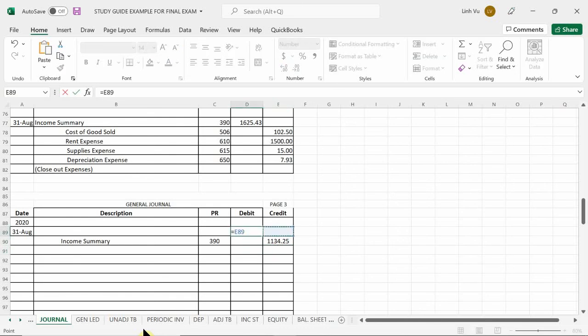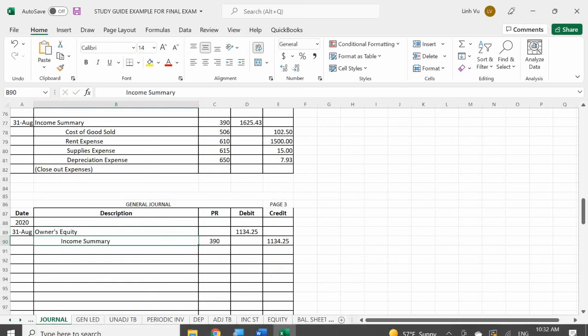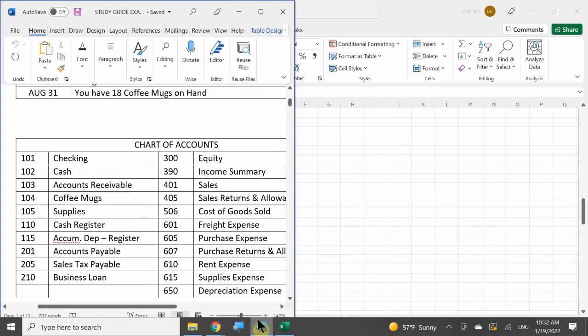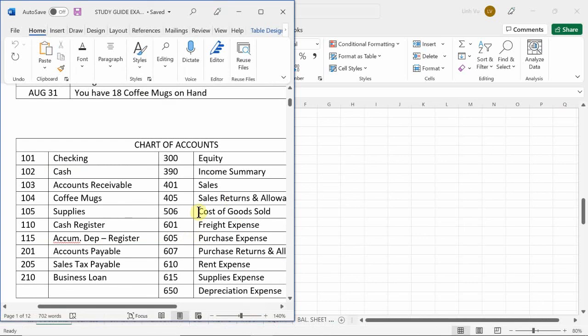Okay. And therefore, I need to debit my owner's equity account. Okay, chart of accounts. Oh, in this case, it's just equity for 300.